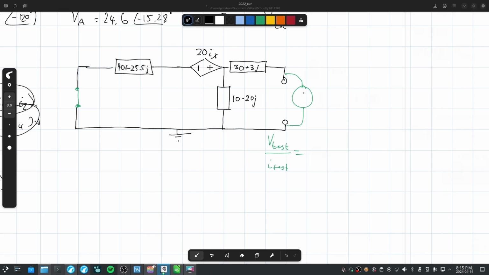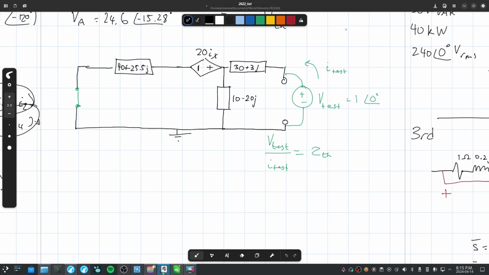Oh, I forgot to put signs on this. Oh no, it was just not showing. So, we have our mesh 1, and we have our mesh 2. Let's do the math.